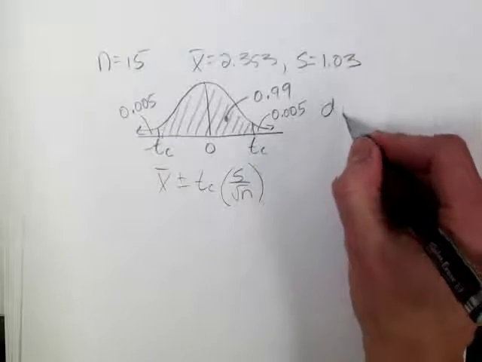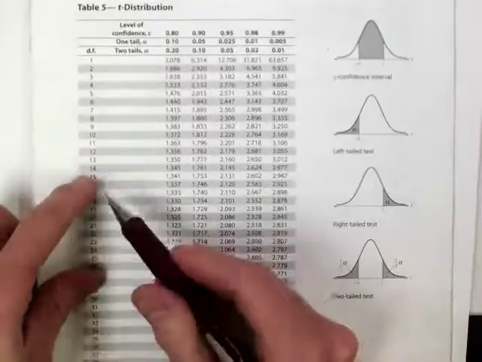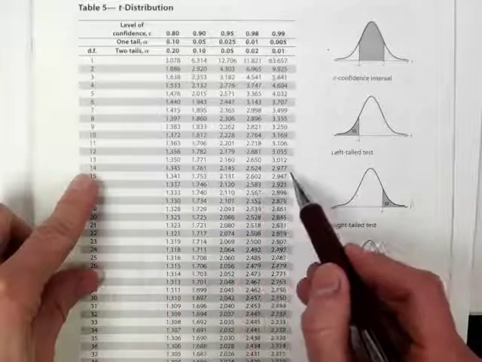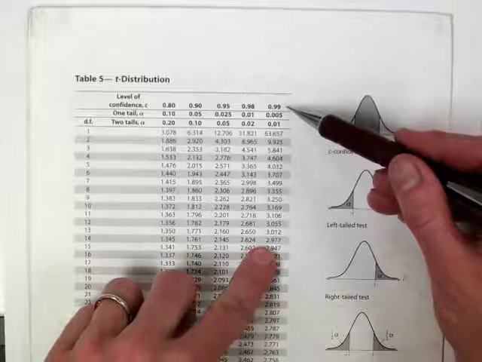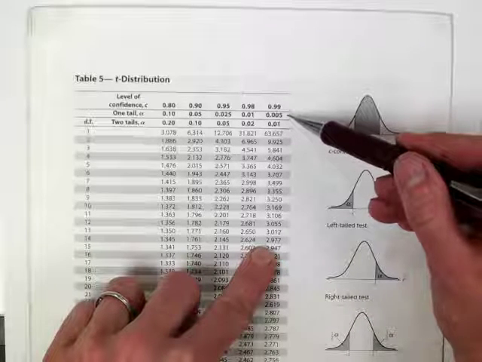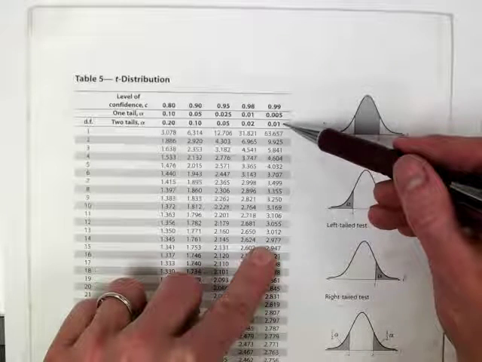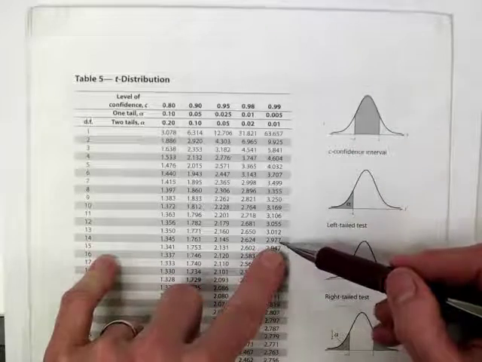My sample size is 15, so my degrees of freedom will be 14. Reading down to 14 degrees of freedom, I find my column that corresponds to 0.99. You see this last column here, that's my level of confidence. I have 0.005 amount of area in one tail, and together I have 0.01 in those two tails. So the critical value is 2.977.